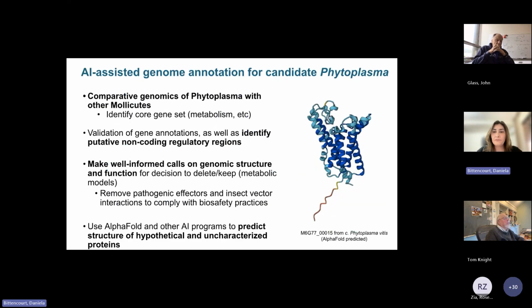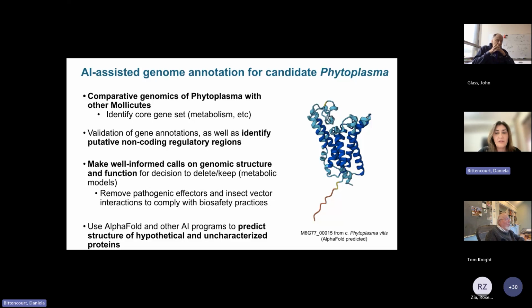And secondly, we are also exploring the use of AI to guide genome annotation. Comparative genomics between phytoplasmas and other Mollicutes species can help us identify the core gene set. And AI tools such as AlphaFold can predict the structure of hypothetical proteins and help us to clarify poorly characterized functions.